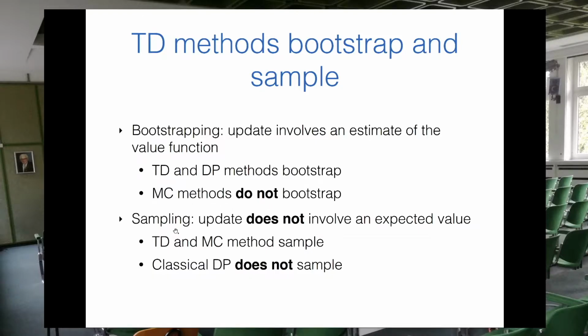And in the case of sampling, which requires making updates based on interactions with the environment, we say that TD and MC methods sample. We need samples or episodes or actions performed. And DP, dynamic programming, does not sample. So we don't need to interact with the environment in dynamic programming.